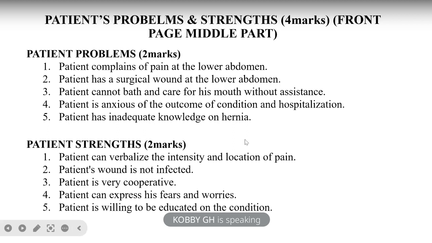If it is only the bathing you want to concentrate on, write: patient cannot bath without assistance. Now, listen carefully. There are times that this very problem can be written in a different way. For example, let's say they've given you a patient, and you can see clearly that the night nurses have reserved that patient for bathing.